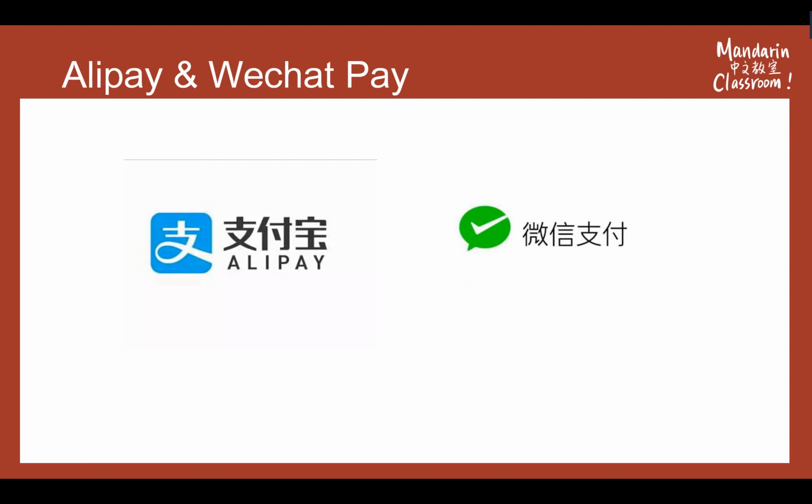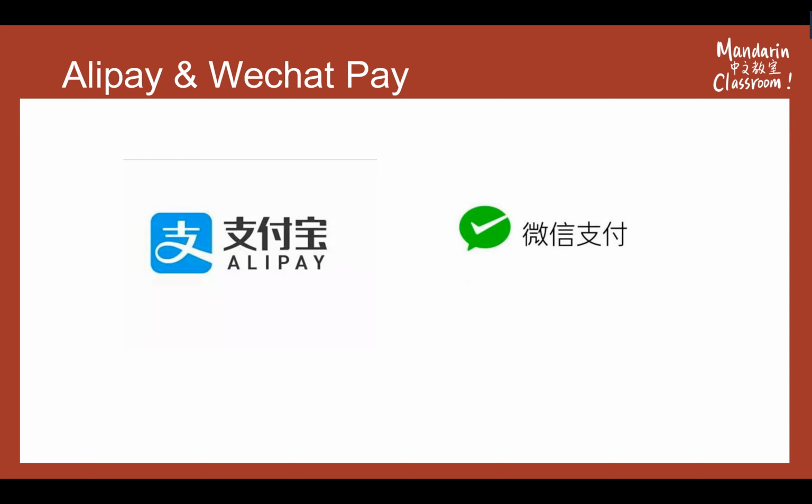The 2 most popular payment ways in China: Alipay and WeChat Pay. From my experience, I use Alipay very often because I use Taobao too much.